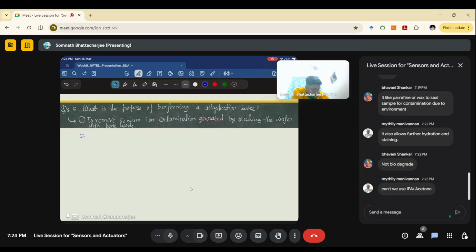Second option is to speed up PR coating. Three is to remove moisture after the wafer cleaning.